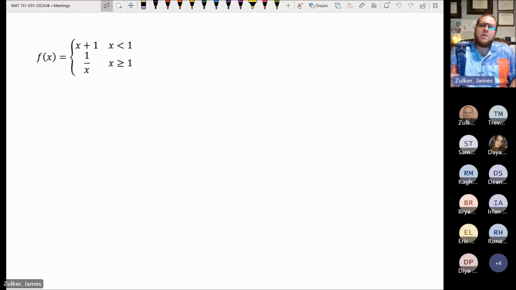So again, the only possible discontinuity is going to occur at the breakpoint. f of 1 equals 1.